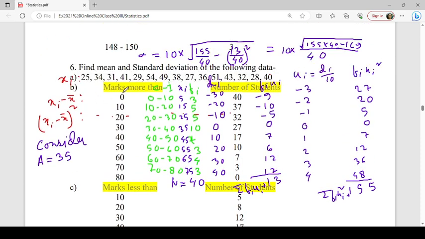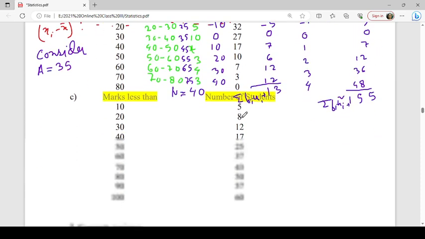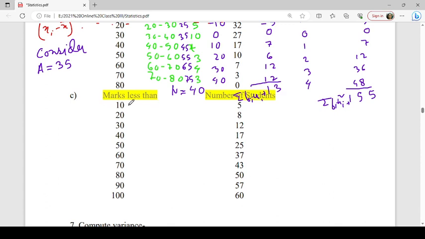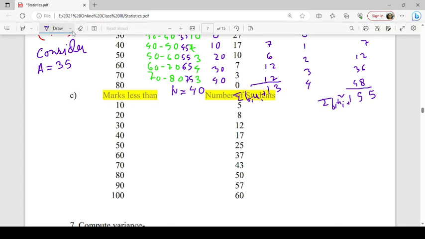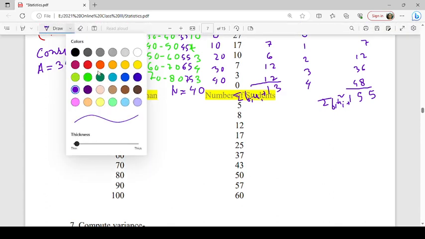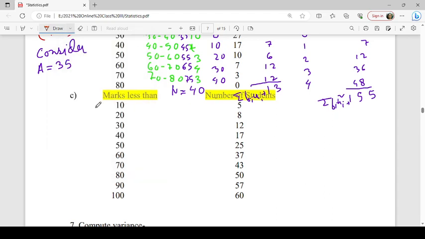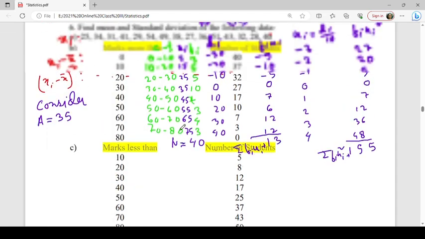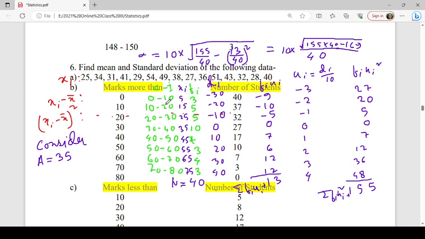So this is number B, it is marked more than, and here you see marks less than. So this is also a cumulative frequency distribution table. More than, this is less than, and these are cumulative frequency.